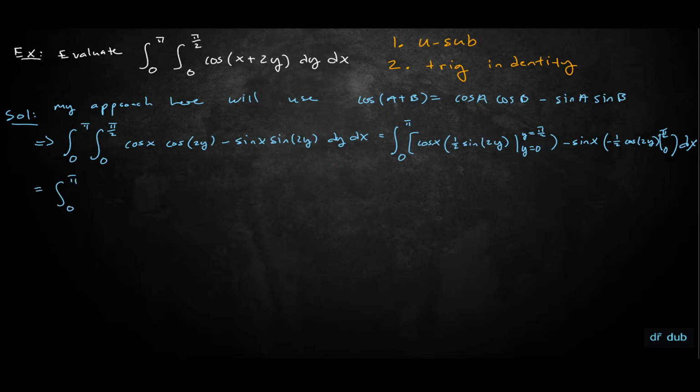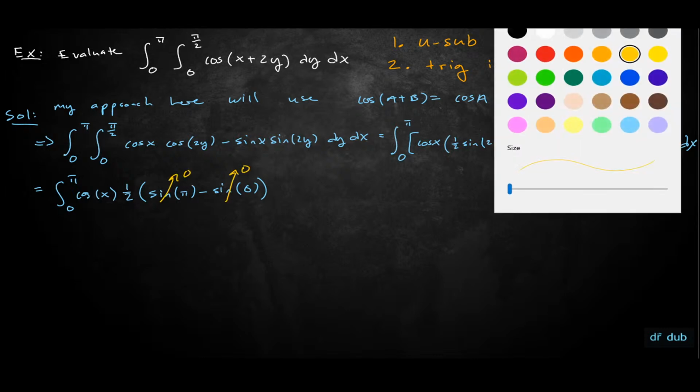Integral 0 to pi, cosine of x times 1/2. And then sine of 2 times pi over 2 is sine of pi, so sine of pi minus sine of 0, both of which are 0. So that's 0, this is 0, that's nice.